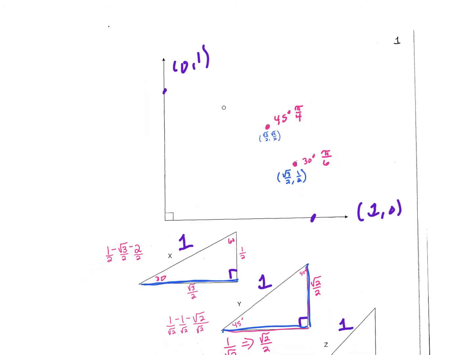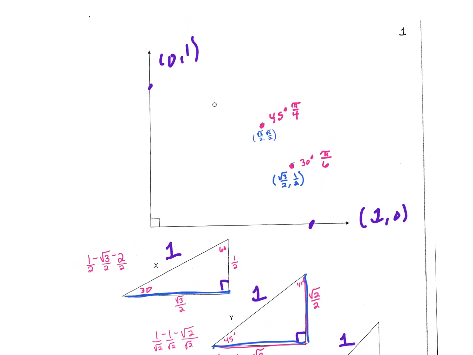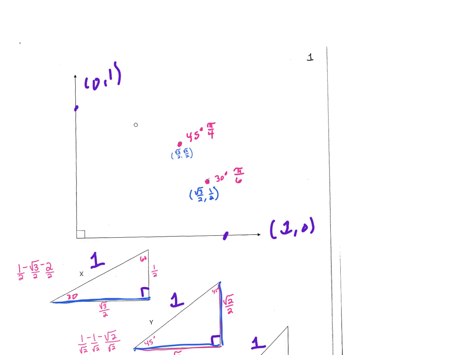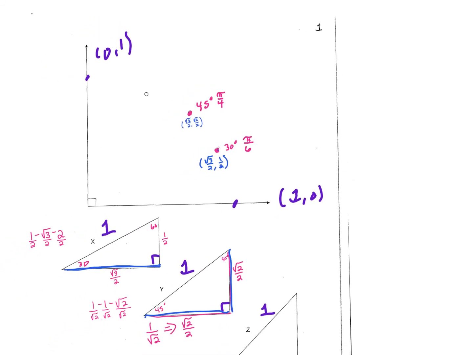Okay. All right, and then last one, but I need to go back, I just realized I did not talk to you about what the degree measures and the radian measures are at these basic points. We know we're at 0 degrees here, that's our starting standard position, and that means that we're at 0 pi.